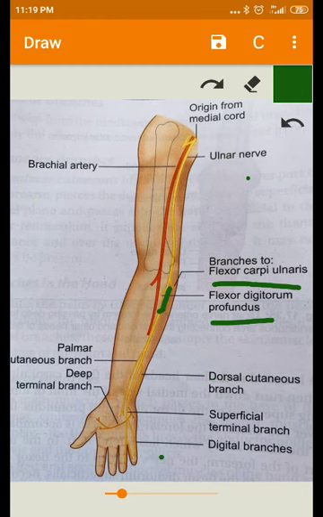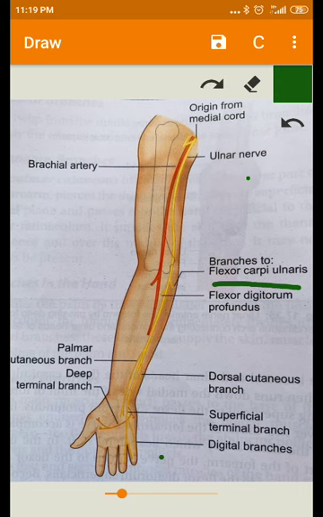Again we will see the dorsal cutaneous branch. The dorsal cutaneous branch is the larger of the 2 cutaneous branches, and arises from the ulnar nerve a little above the wrist under the cover of flexor carpi ulnaris. We know that flexor carpi ulnaris is present on the medial aspect, isn't it?